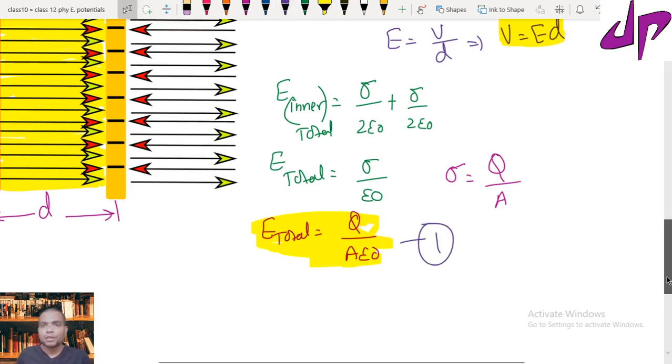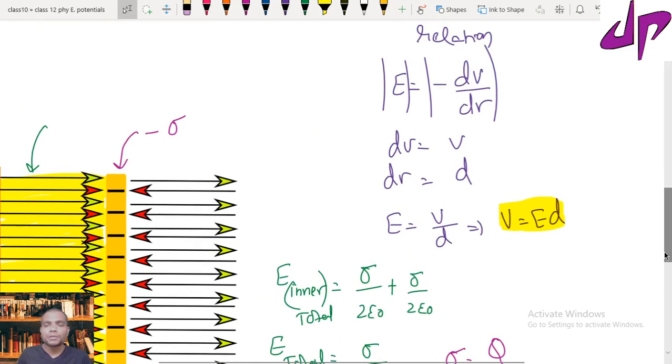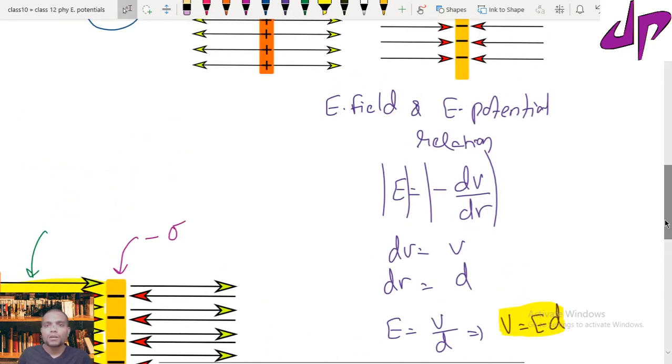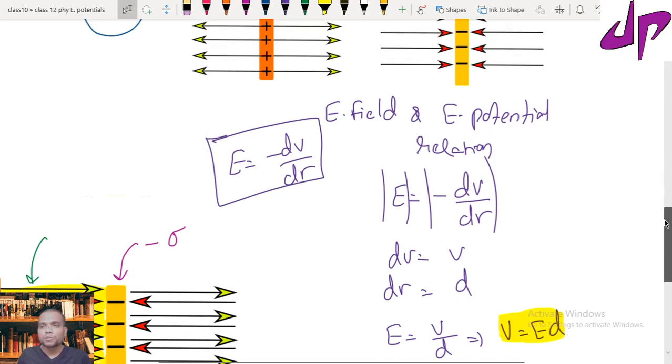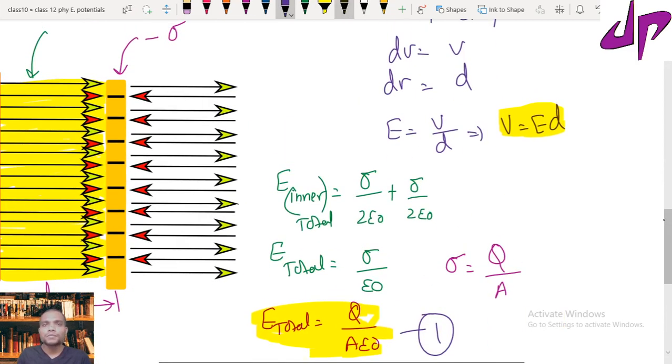And just above here I derived the relation between electric field and electric potential. If you remember this formula, electric field equals minus dV by dr. That is the relation between electric field and electric potential, and we got an expression, potential V equal to ED. Let me take this as expression 2.